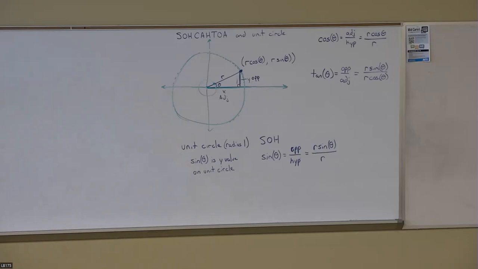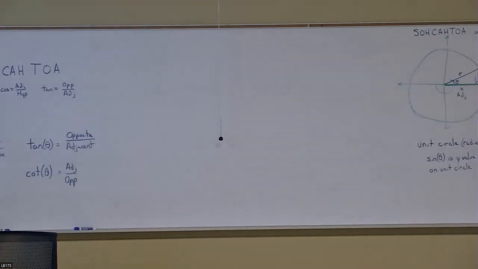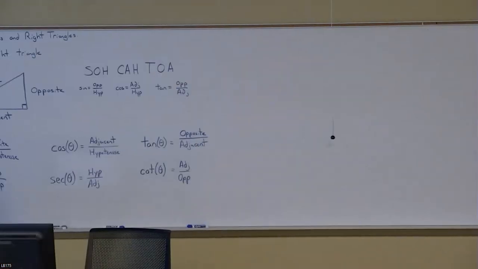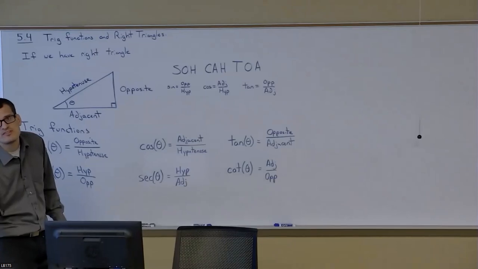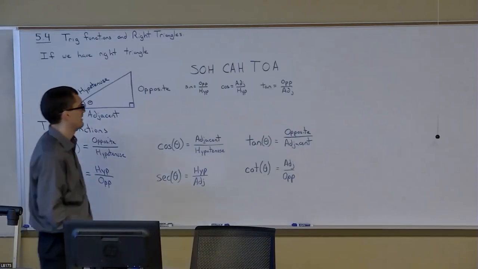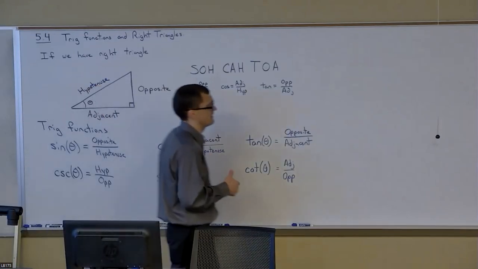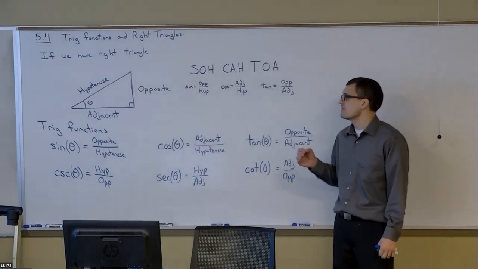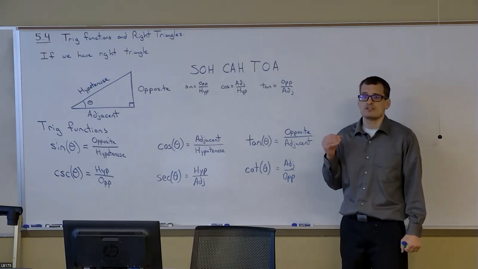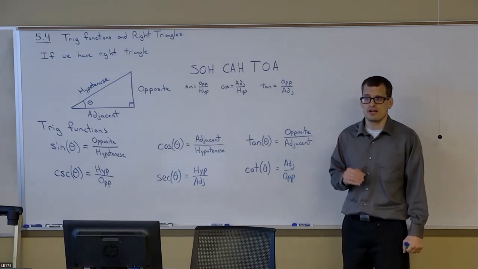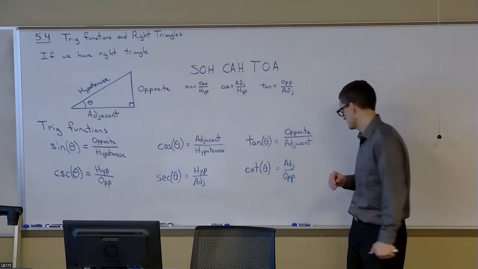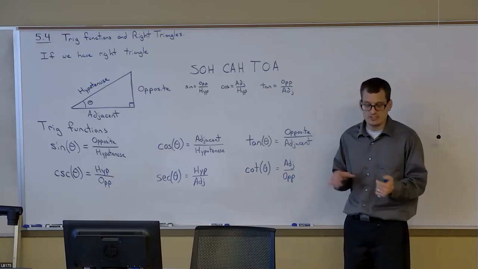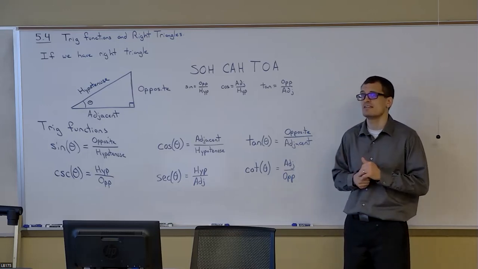Now, beyond just calculating what the sine, cosine, and tangent of the angle theta are, we're going to start solving right triangles. And I know I mentioned this, but I'm going to mention this again.